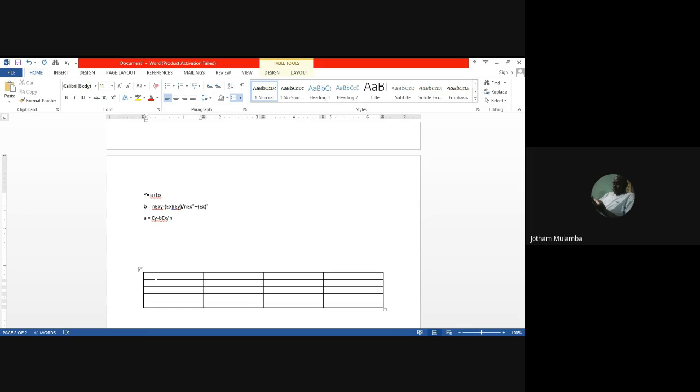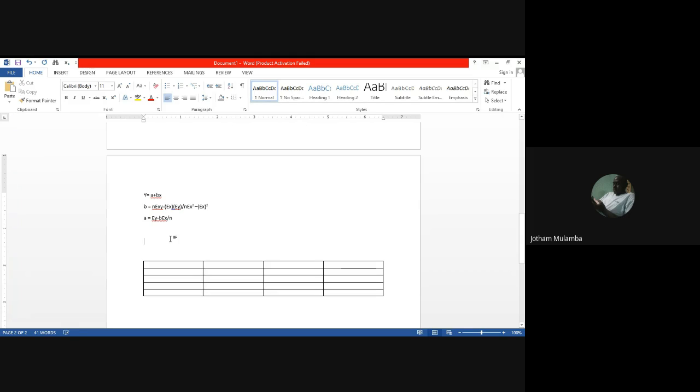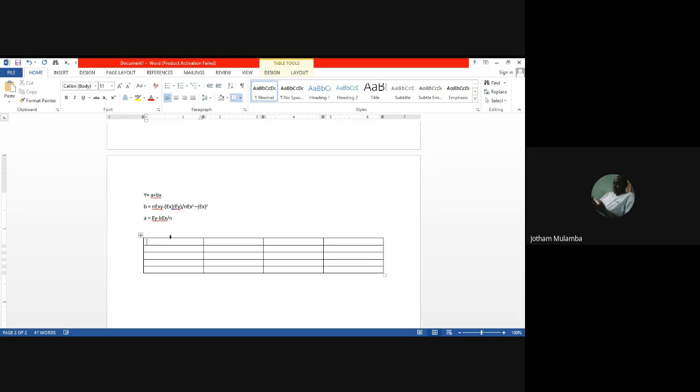So I've inserted here a table that we want to use for estimation for x and y. x will be period: 1, 2, 3, 4, and 5. Then we'll have total, which is the summation.